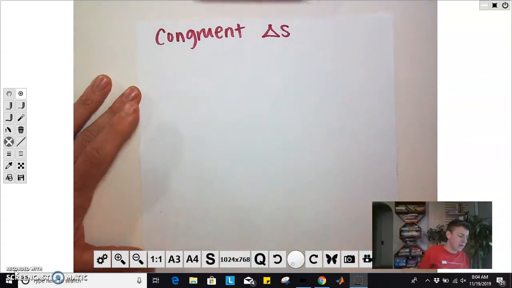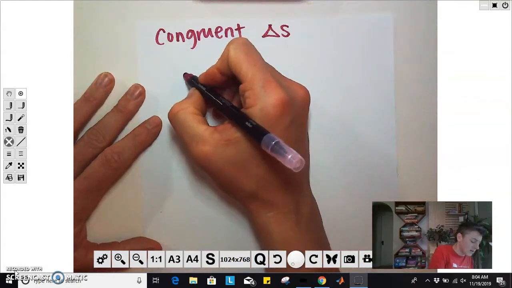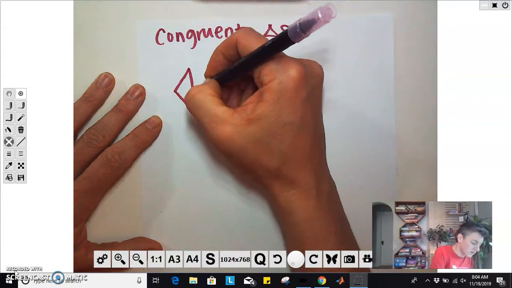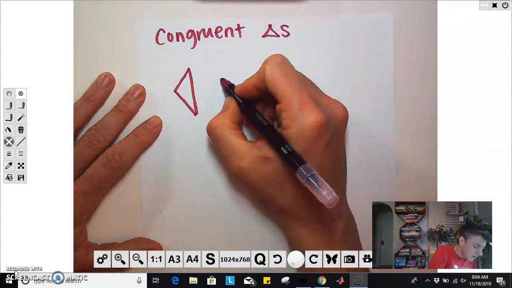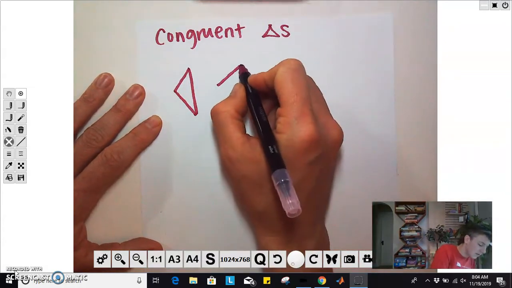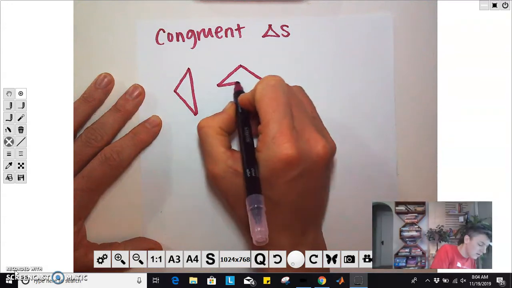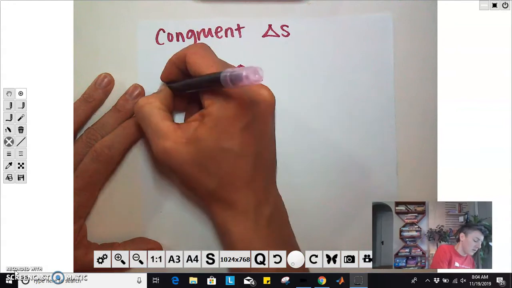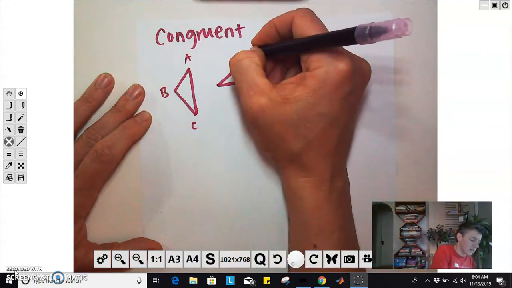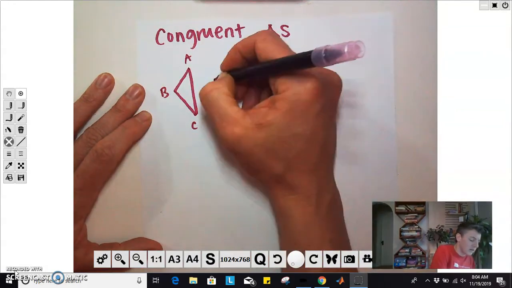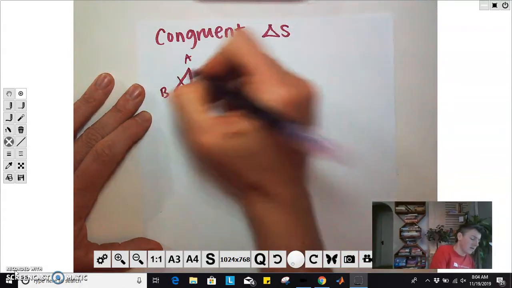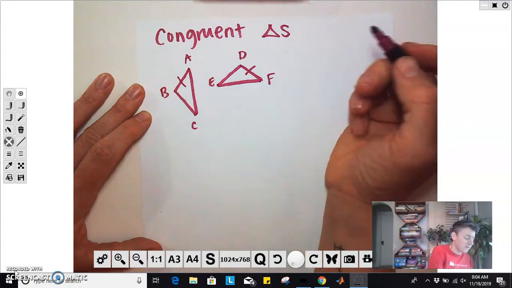Okay. Let's say I've got, I'll do my best here to draw some legit congruent triangles. I'm drawing not looking exactly the same. We actually have to use our brains here a little bit. Let's call this triangle ABC. This will be triangle DEF. Let's say AB is congruent to DF.